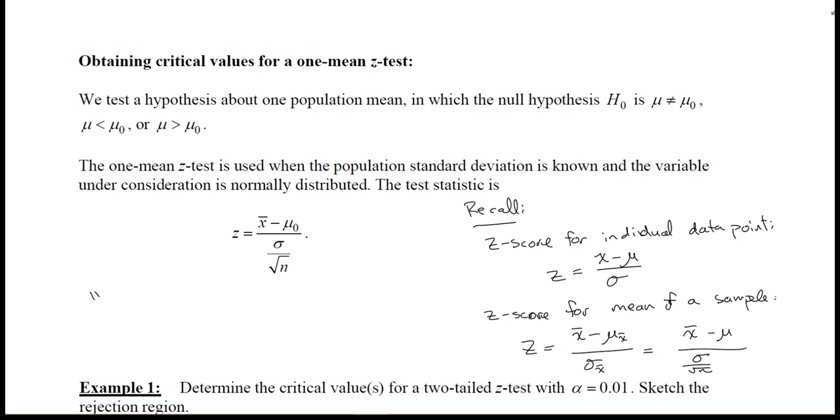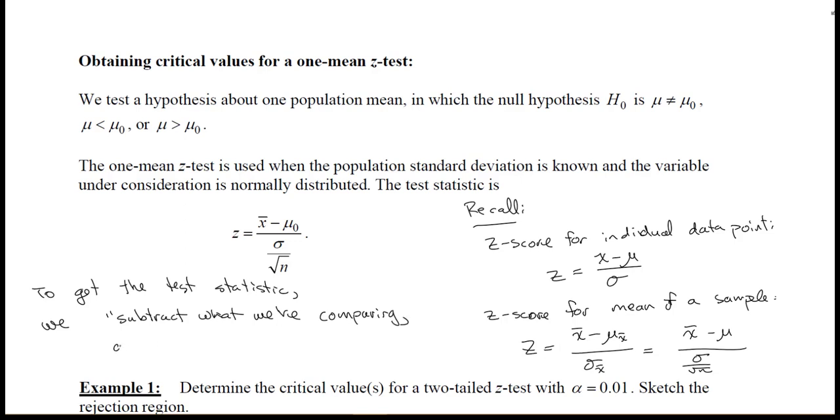To get the test statistic, we basically subtract what we're comparing, and we're going to divide by the standard error.